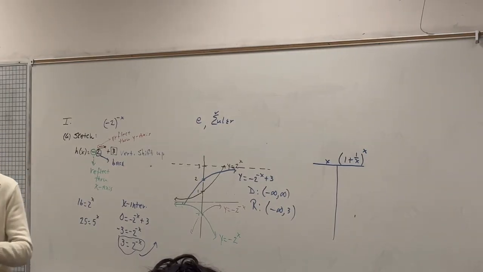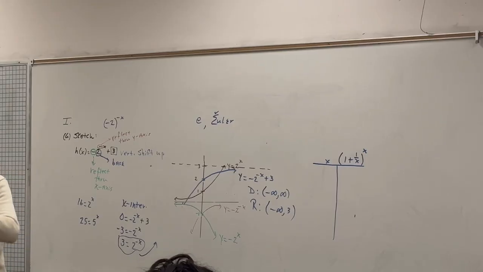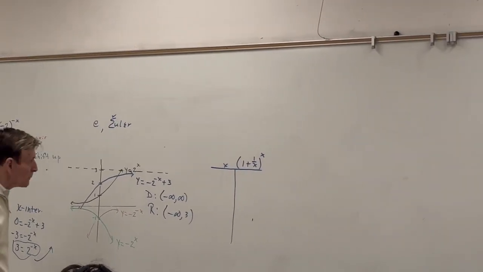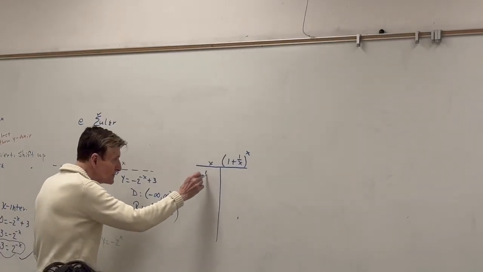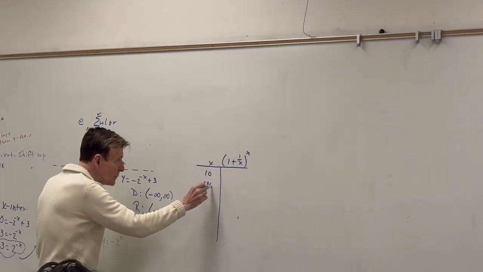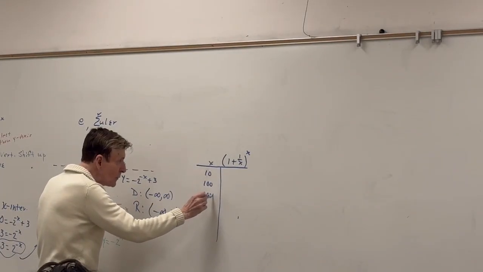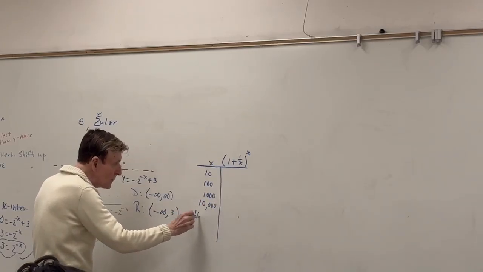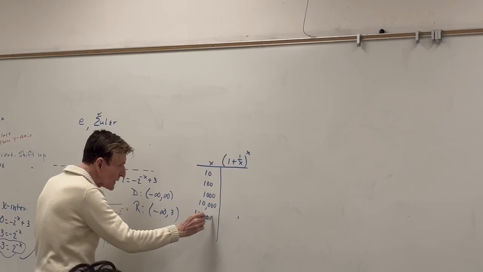I don't think anyone in class has ever seen 1 plus 1 over x, all raised to the x. In the x column, I'm going to place these numbers at random. I think I'll jump up to a million.